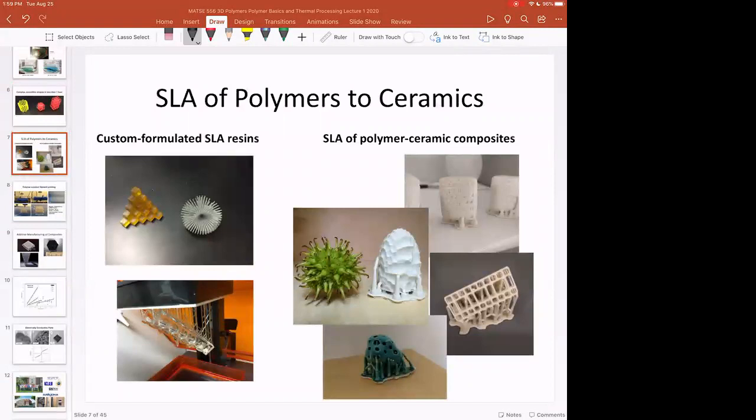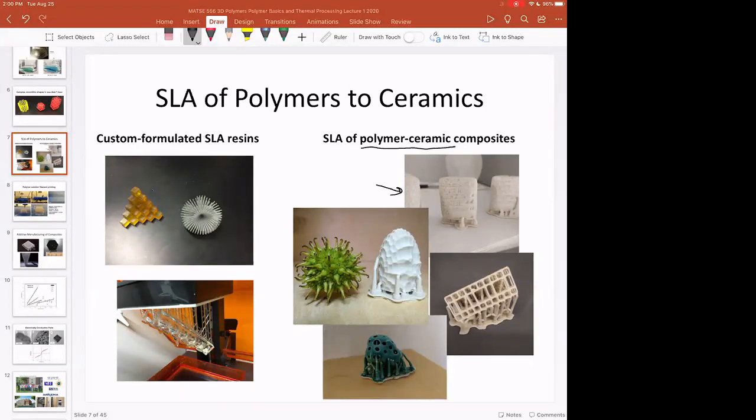Then it goes on from there. There are custom formulated resins, there are ceramics. We will talk a little bit about polymer ceramic composites. If anyone's ever bought an SLA resin from Formlabs or EnvisionTEC, they make what's called a ceramic resin. All a ceramic resin is, is a mixture of photopolymer and ceramic particles. So it is a composite. This little tablet that I think Lachlan Peak printed in my lab, or maybe Kenny, is a ceramic polymer composite.